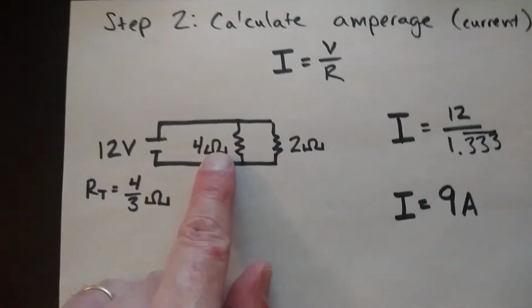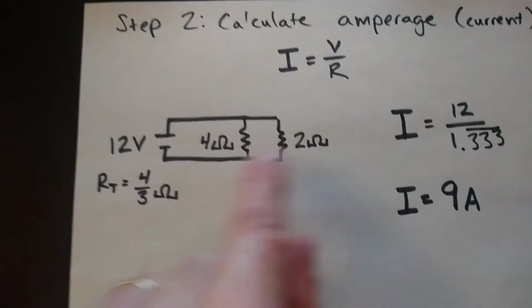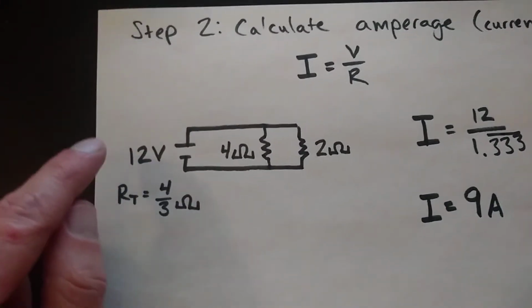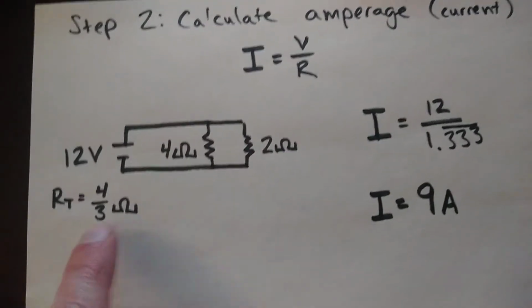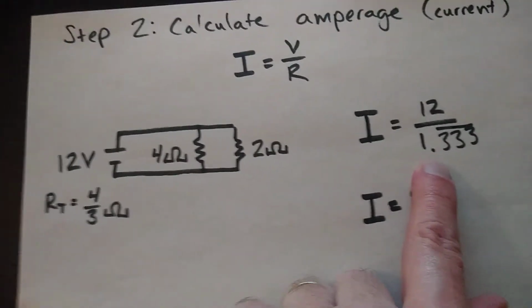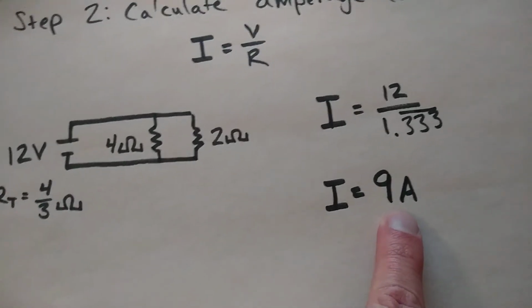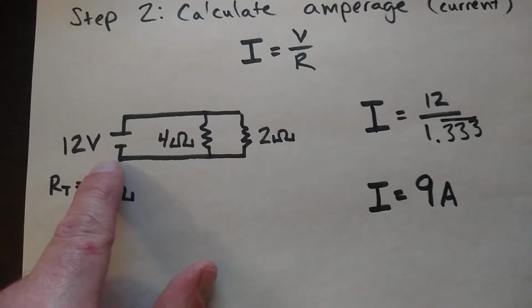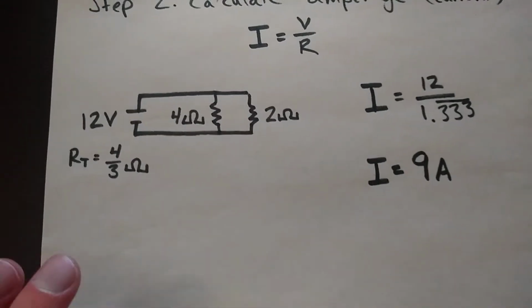So if I've got a 4 ohm resistor there and a 2 ohm resistor there, I don't even need to worry about those because I'm just calculating the total. So the voltage was 12, that's the V. The resistance, 1.3 repeating, there. So 12 divided by 1.3 is 9. This circuit has 9 amps of current running through it.